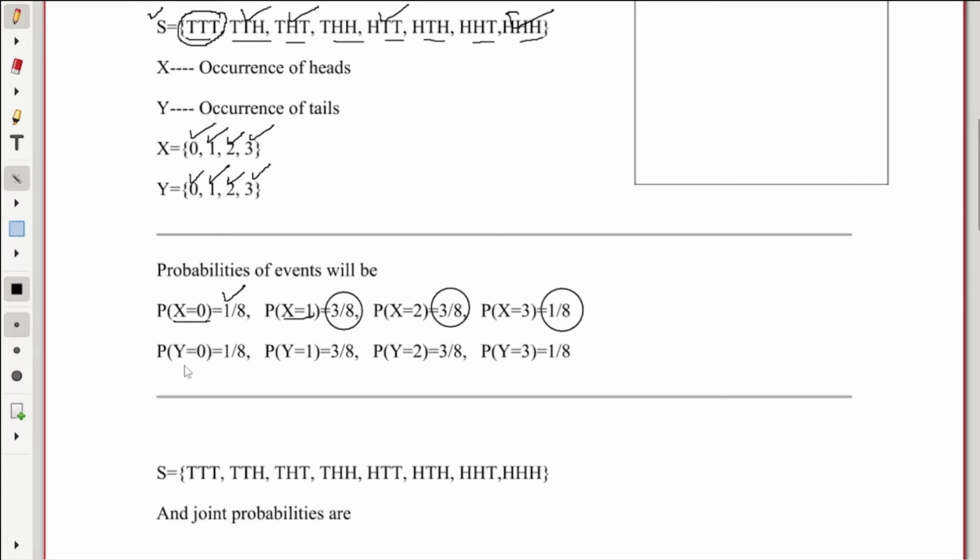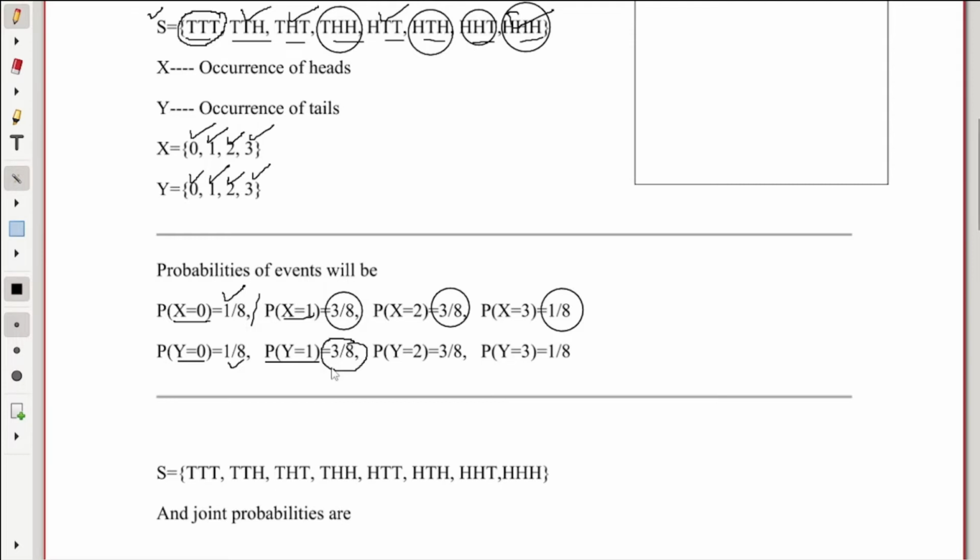The same way, Y is equal to 0 means there is no tail. So probability is, you can see, only 1 favorable case, so 1 upon 8. For 1 tail, you can see 3 favorable cases, so probability is 3 upon 8.